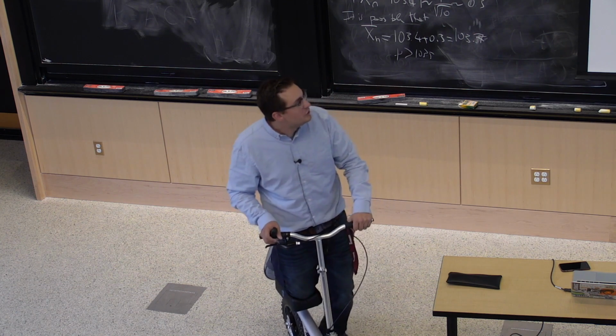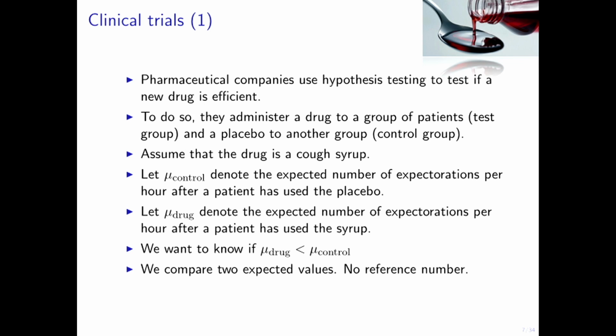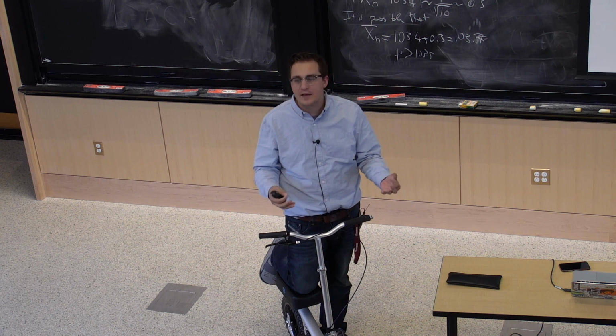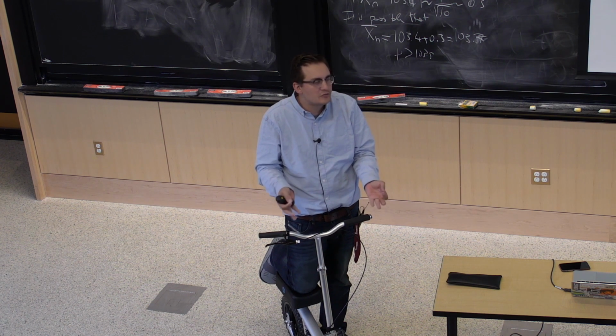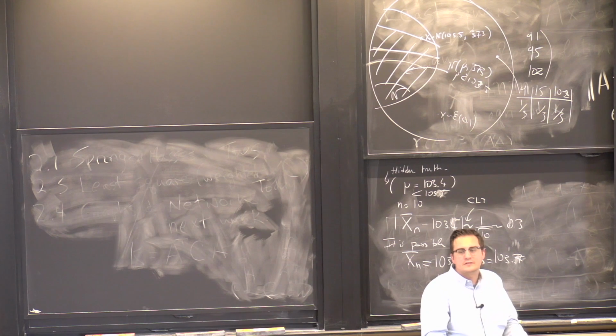So what we want to know is if mu drug is less than mu control. That would be enough. If we had access to all the populations that will ever take the syrup, for all ages, then we would just measure, did this have an impact? And even if it's a slightly, ever so small impact, then it's good to release this cough syrup, assuming that it has no side effects or anything like this, because it's just better than maple syrup.